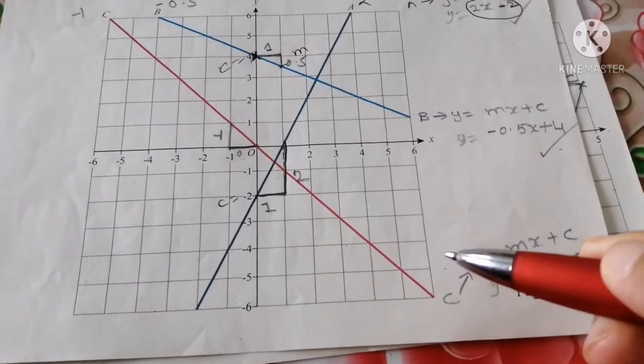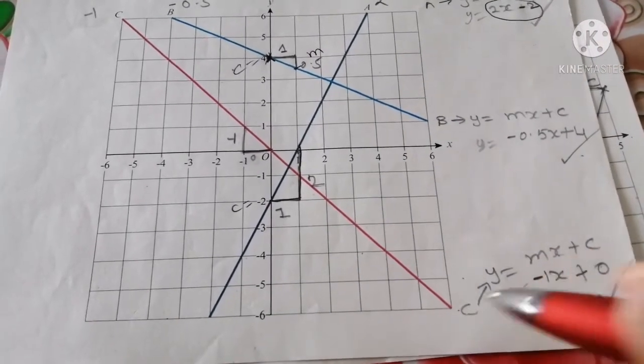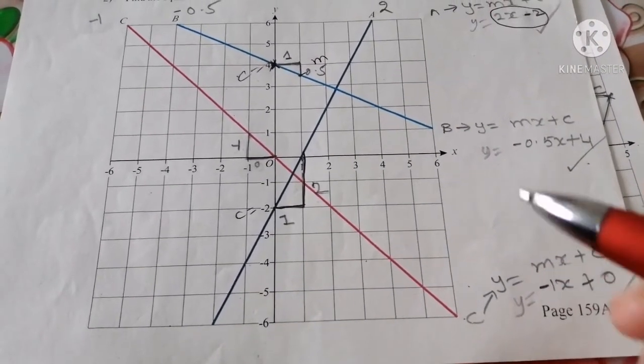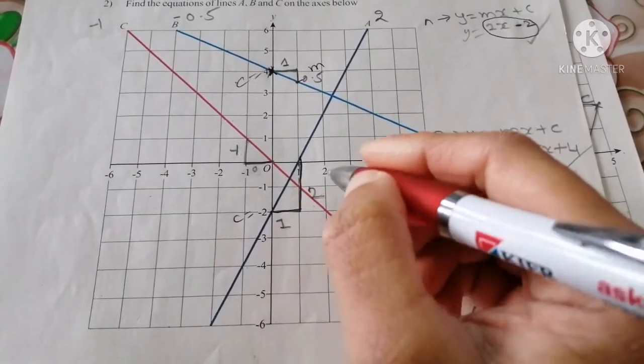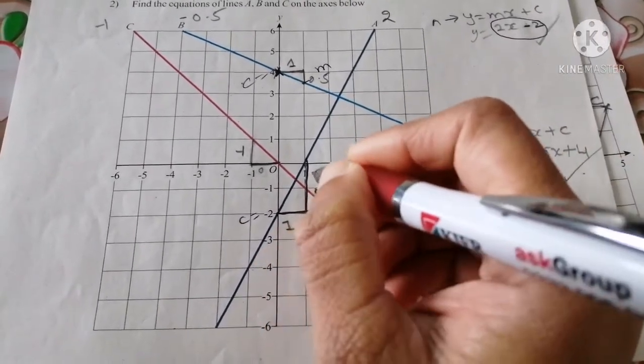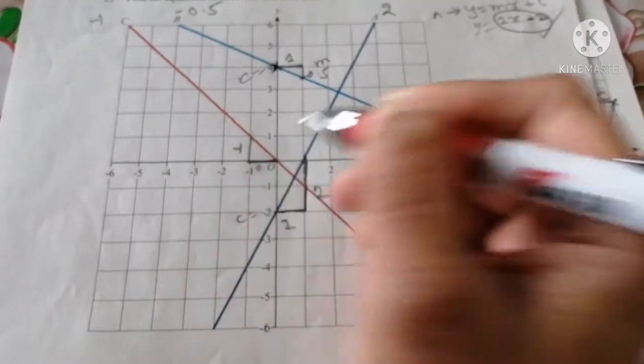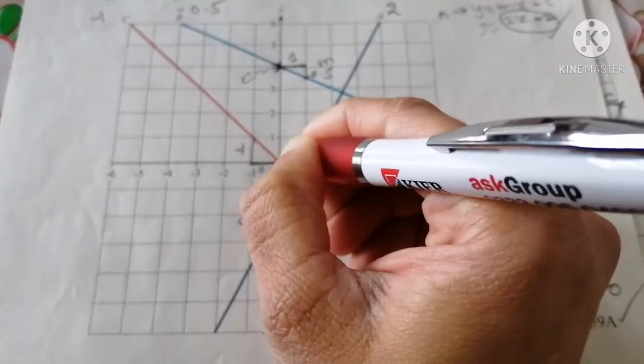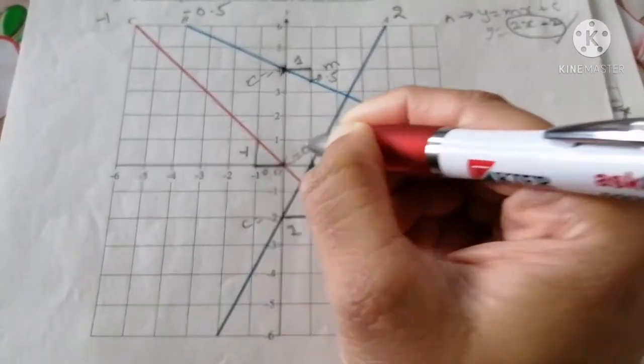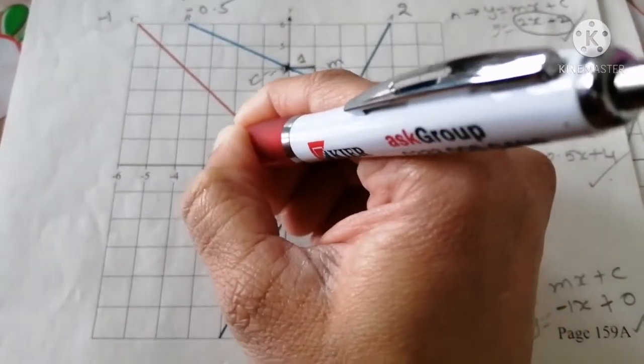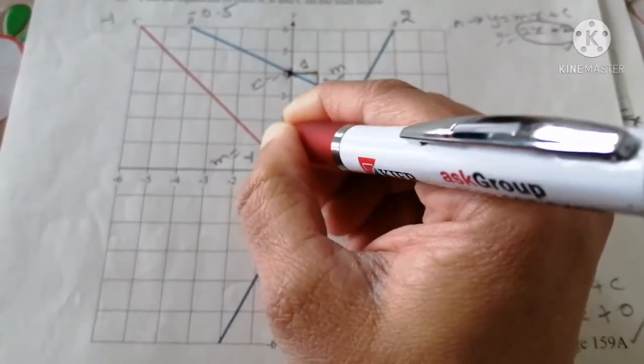We will do the same thing for C. You need to find the crossing point for this. So it is 0. It is crossing at 0. So c equal to 0 and m equal to minus 1, because it is sloping downhill.